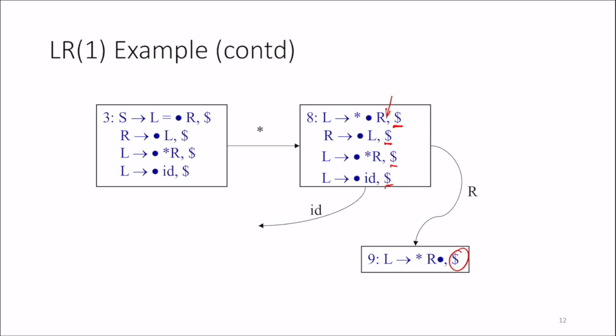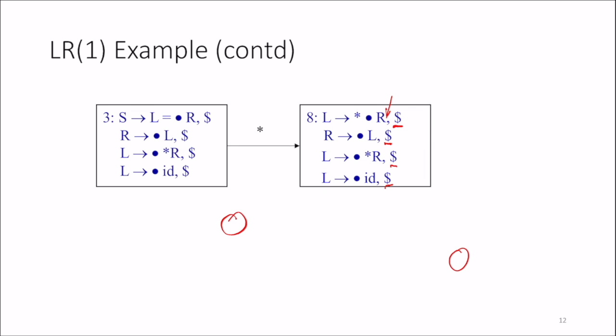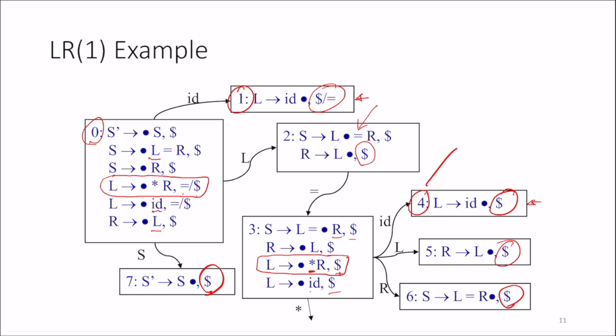And if I move the dot across the ID, I get L goes to ID dot, and I'm going to reduce using this rule, and the context is $. So this step 4, let's go back. This is the same state that we had seen before, right?